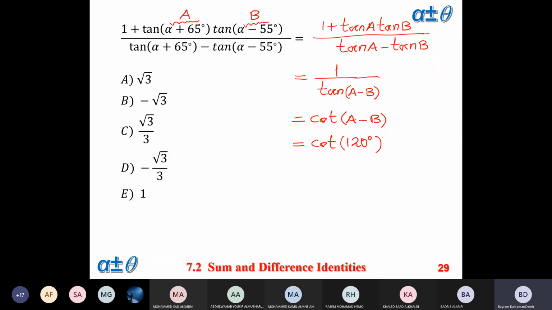Everybody, did you guys see that? A minus B is equal to 120. Okay, looks like everybody understood. So which is equal to, in the second quadrant, the same as negative cotangent of reference angle, right? So which is equal to negative 1 over root 3, or if you like, negative root 3 over 3.